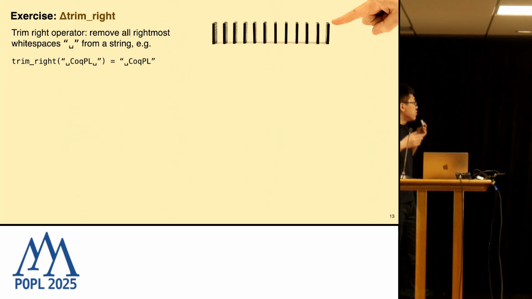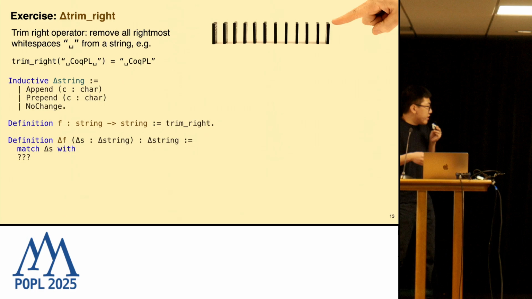For example, trim right of white space CoqPL white space will delete the right white space. Suppose we only consider three kinds of changes for the string: append a character, prepend a character, or no change. Now let's do this small exercise together.